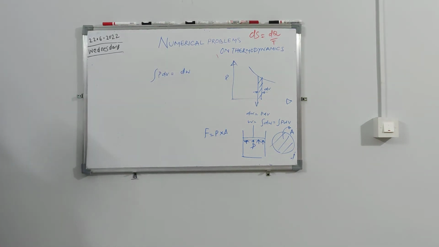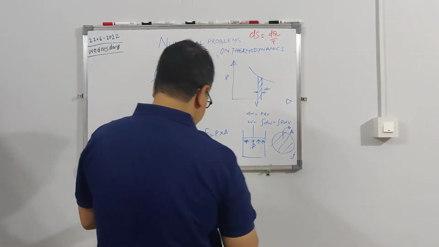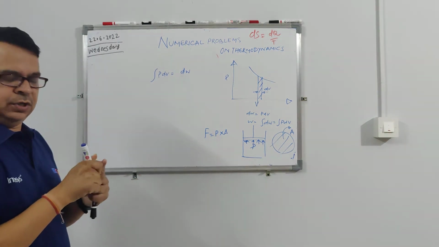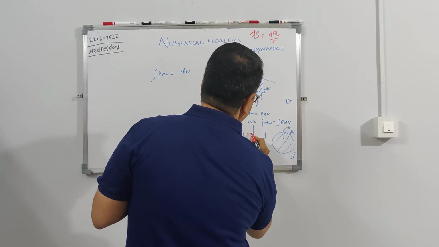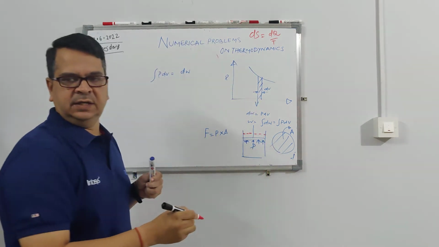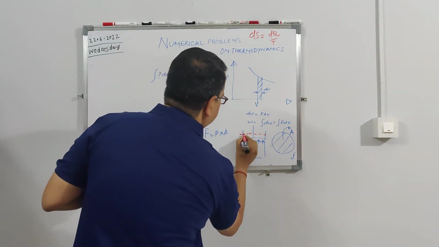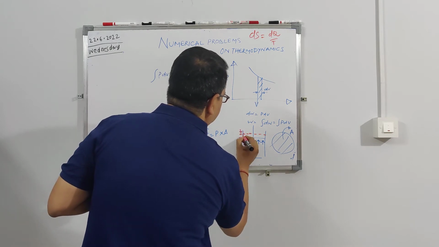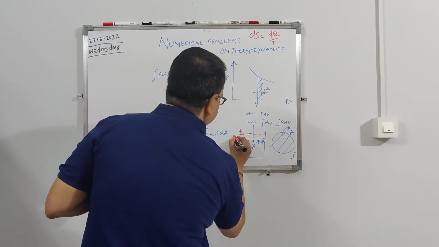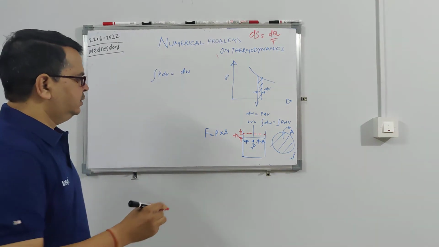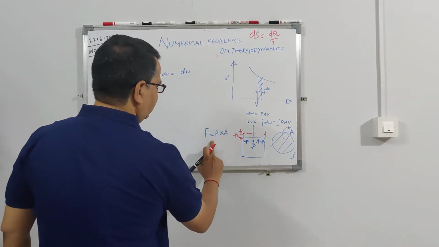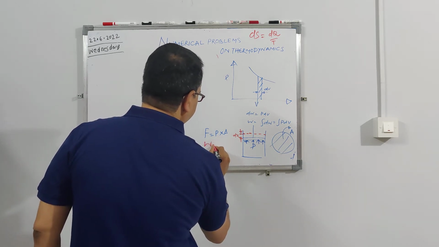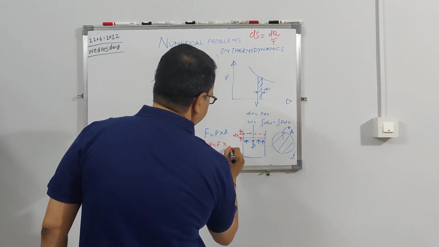Let us say because of this pressure, this piston goes up by some distance, because it is pressurizing the gas. Let us say it moves by dx. So what happens? Your work done is nothing but force into distance, force into dx.